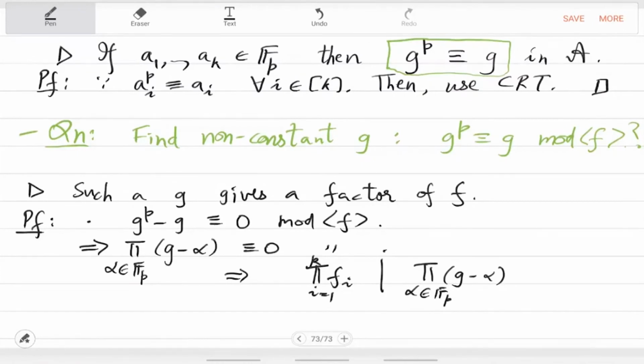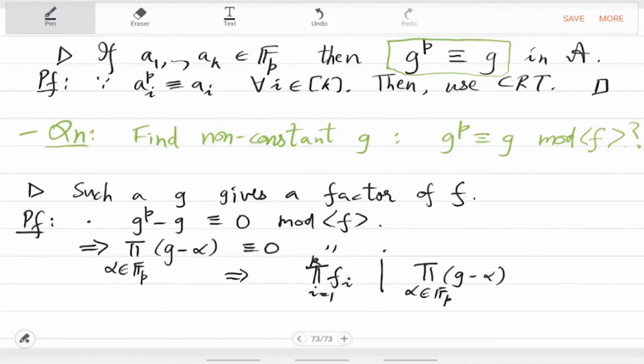So f1 times f2, think of the case k equal to 2. So f1 times f2 divides this product of g minus alpha. So either one should divide, f1 should divide or f2 should divide. So the bad case will be if both of them divide a single g minus alpha, right?